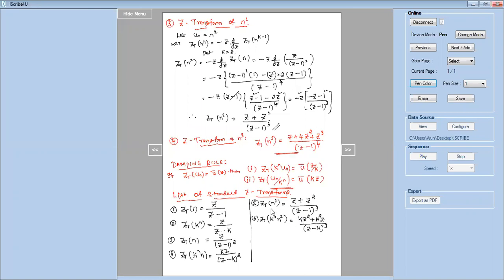This is the formula for the Z transform of k power n into n square, a standard formula. You can easily remember it like this: z in decreasing order, but k in increasing order: k z square, k square z, over z minus k whole cube.